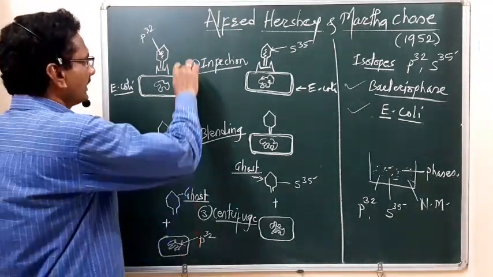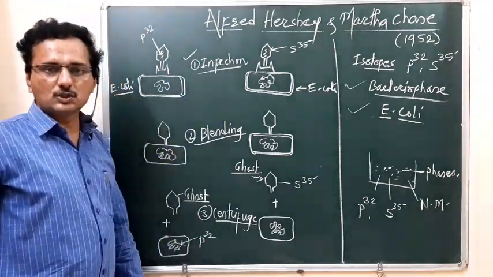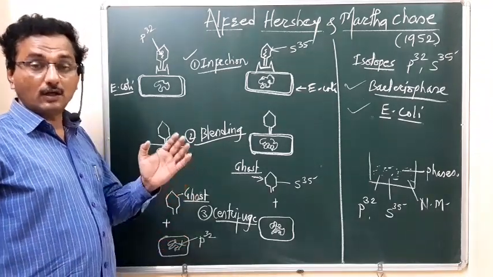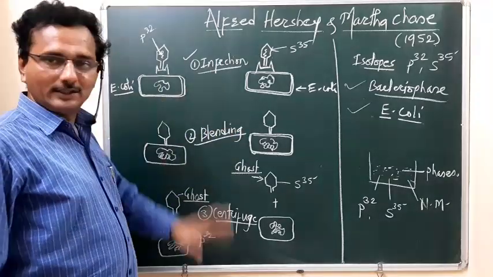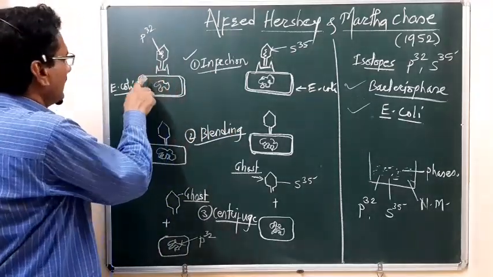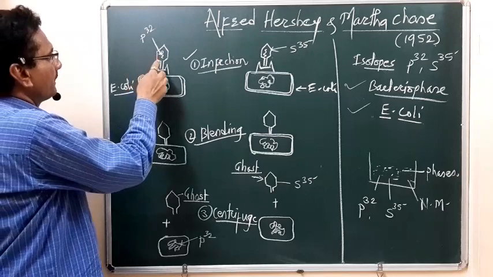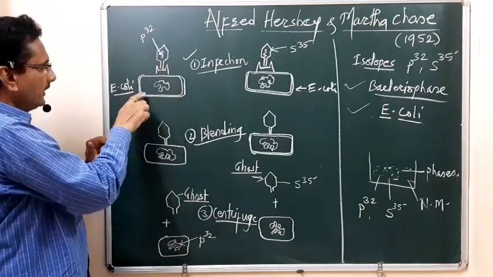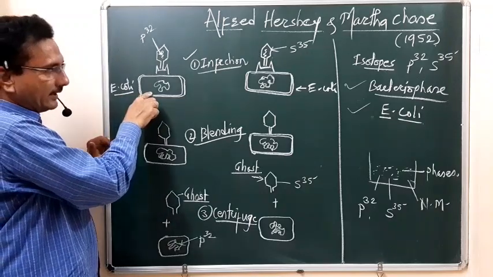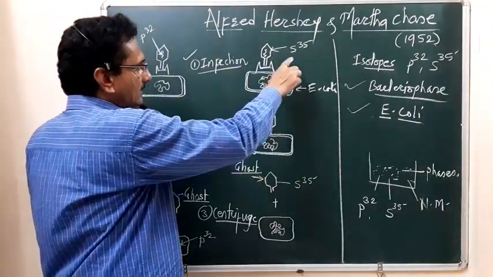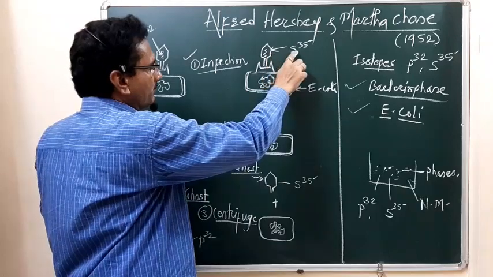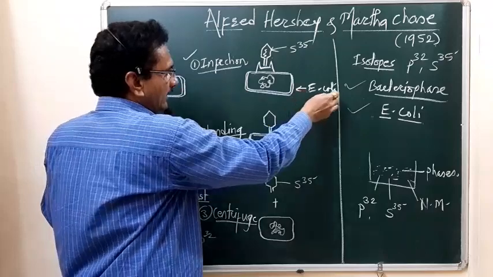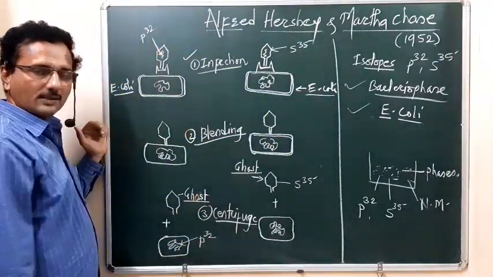So the first step is the infection of these two radio-labeled bacteriophages on the E. coli bacteria. Here, this is the bacteriophage with radio-labeled DNA infecting the E. coli, and on this side, the bacteriophage with radio-labeled protein coat shows its infection over the E. coli. This is the first step.